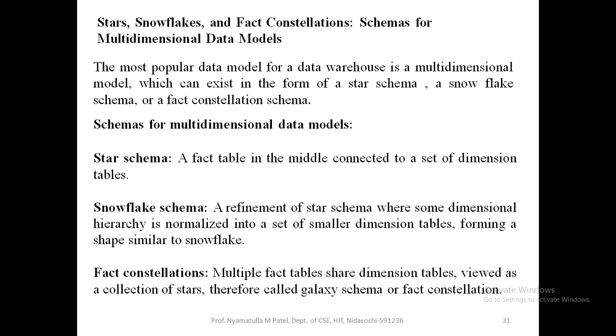Then fact constellation: multiple fact tables share common dimension tables. This can be viewed as a collection of stars, and is therefore called a galaxy schema, or also a fact constellation schema.